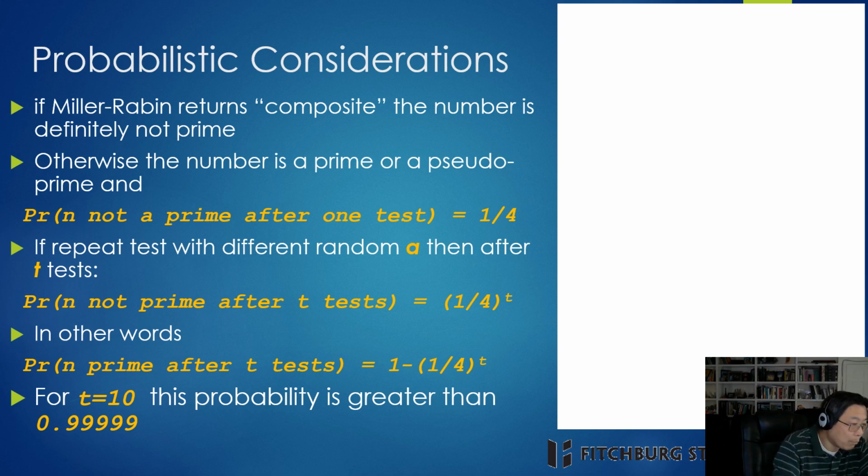Each time Miller-Rabin returns maybe a prime, not composite, the probability that n is not a prime after one test is 1/4, which is about 25%. So I can say the probability that n is not a prime is only 25%.